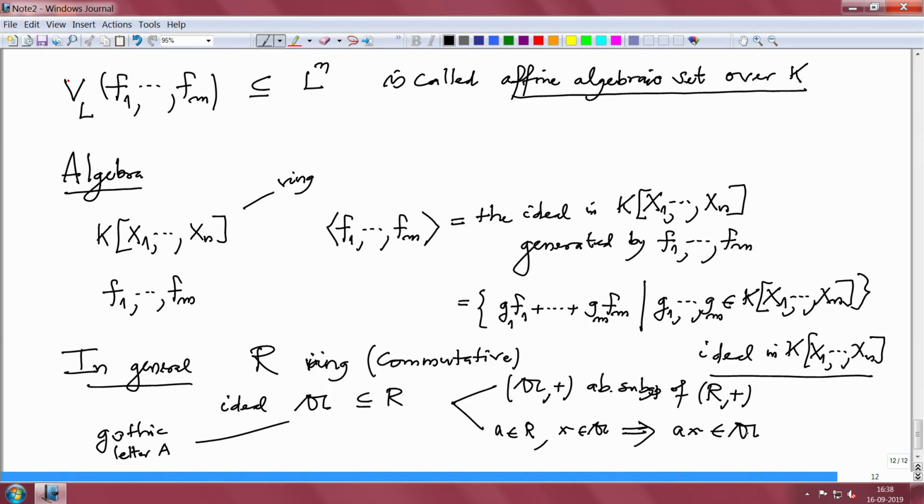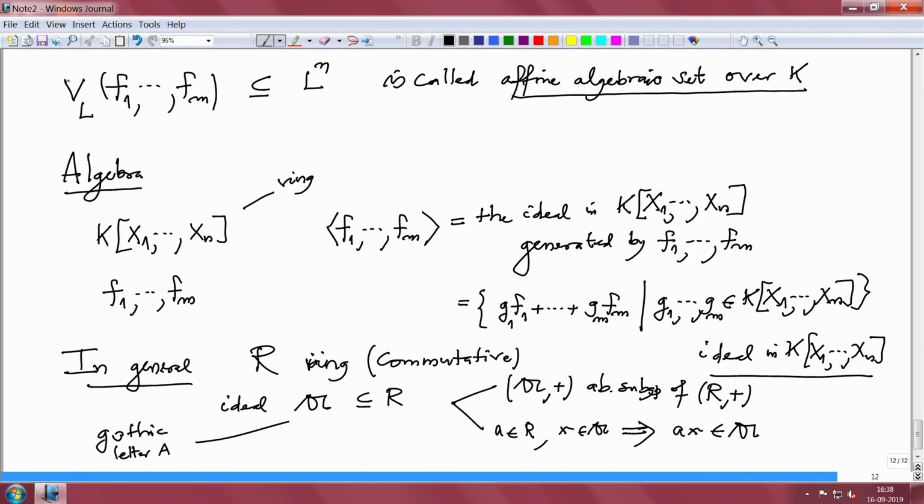Then such a thing is called an ideal in the ring R. It is more than a subring. A subring just means that under addition it is an abelian group, under multiplication it is a submonoid, and so on.